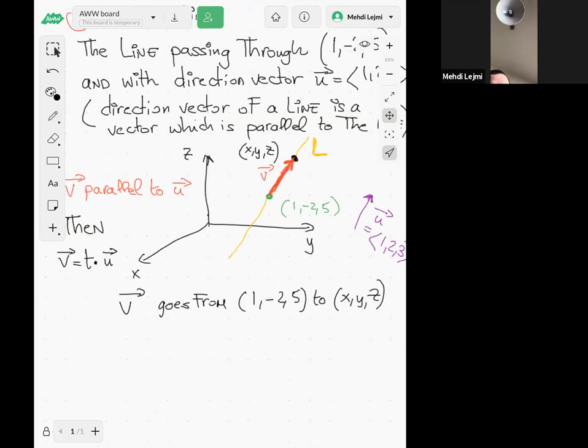So v is just the vector x minus 1, y minus -2, and then z minus 5. Again, this is just the coordinates of the terminal point minus the initial point.